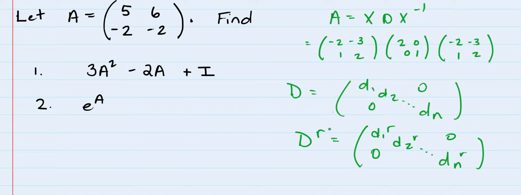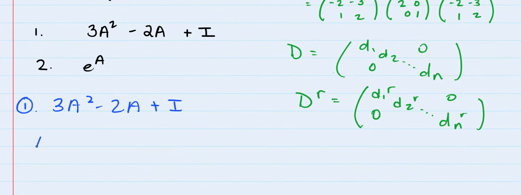That is a lot quicker than raising the full matrix A to that power. And after I raise it to the power r, to find A to the power r, I would just multiply by the matrix X on the left and X inverse on the right. So that's what I'm going to do for the first problem. I want to find 3A squared minus 2A plus I.